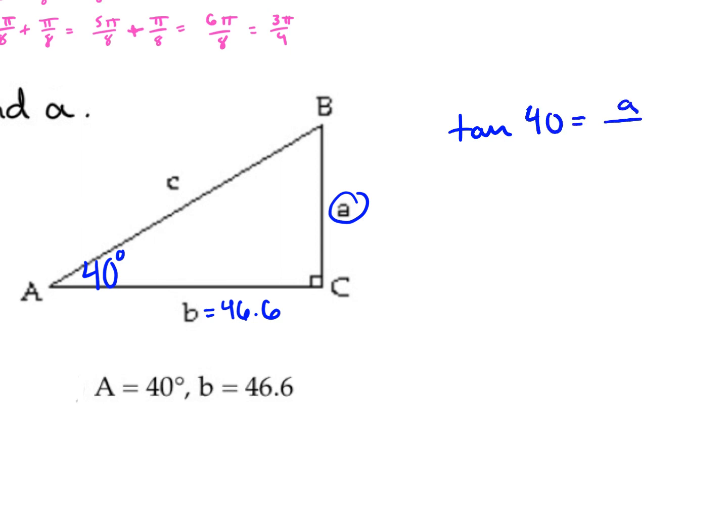So that would be A over 46.6. So solve for A. I multiply both sides by 46.6. So A is equal to 46.6 times tangent of 40. And I would put that into my calculator. So we get 39.1.